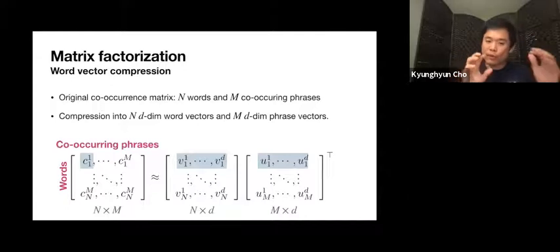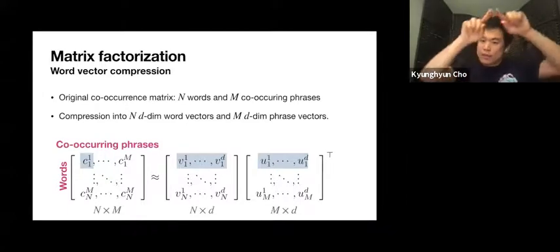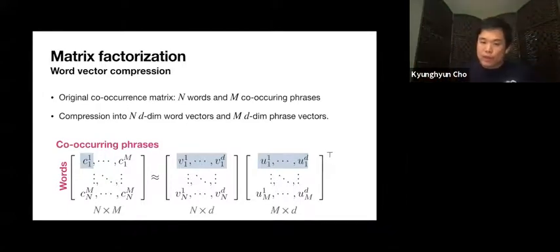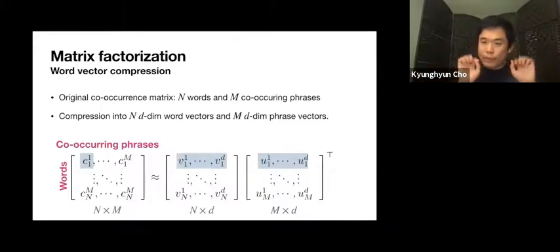So we start with the original co-occurrence matrix that has n rows that correspond to n words, and then m co-occurring phrases, and both of them are very, very large. And then in this large matrix, we have n times m many counts, although most of them are 0. Now what we're going to do is we're going to compress them into 2 matrices.